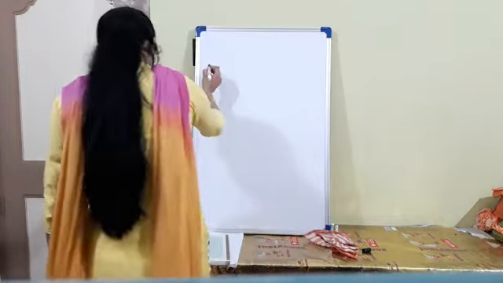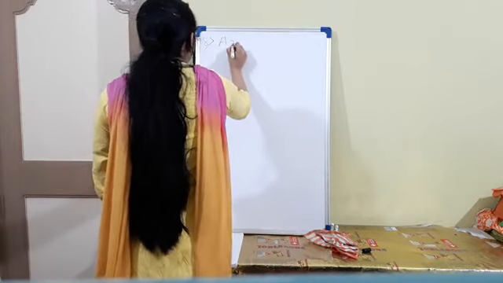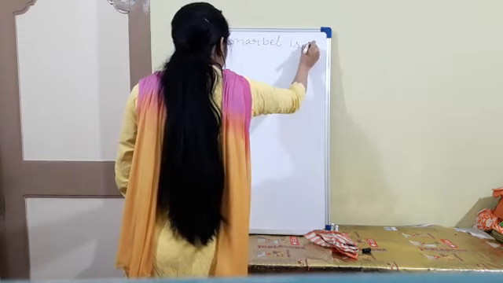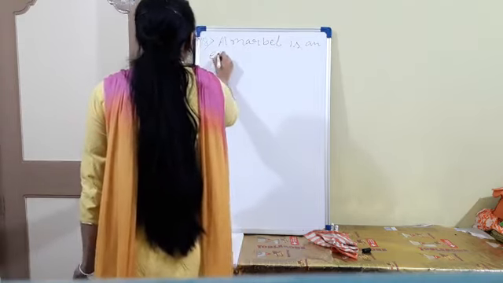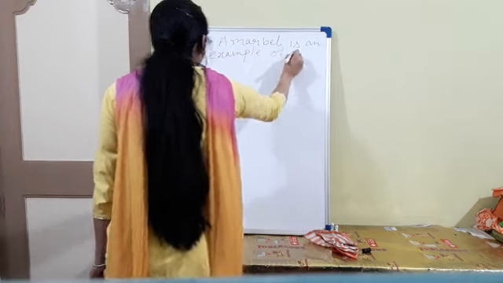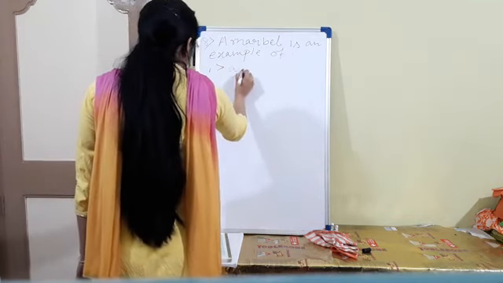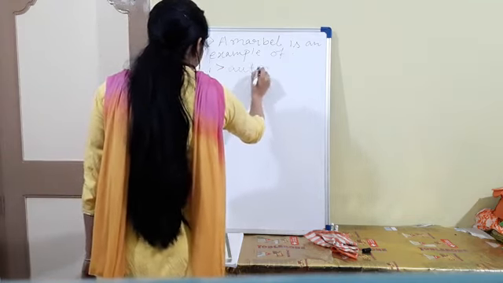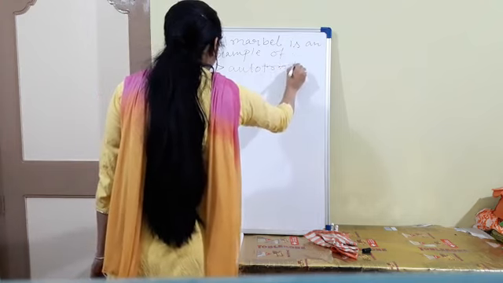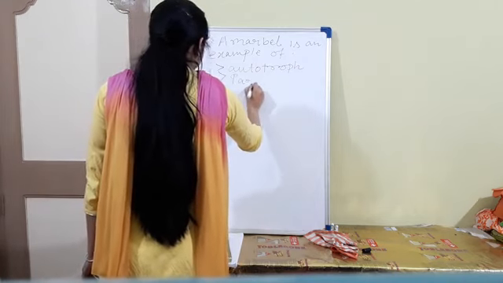Question number 8. MCQ type question. First question. Amarvel is an example of, there are four options. First one, autotroph. Number 2, parasite.